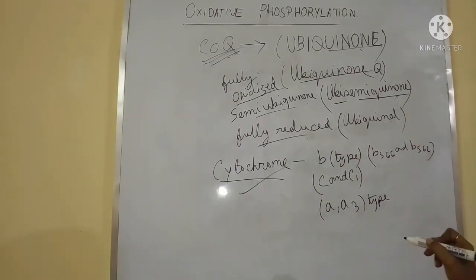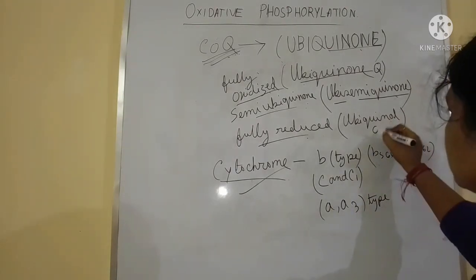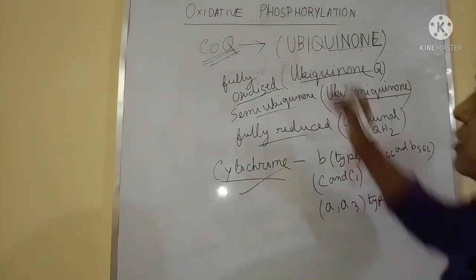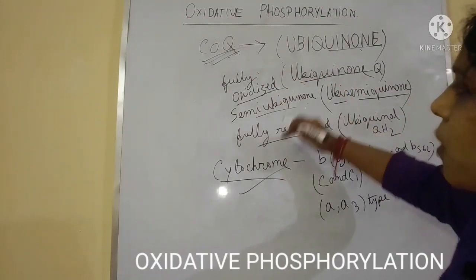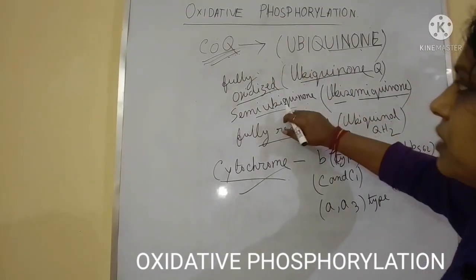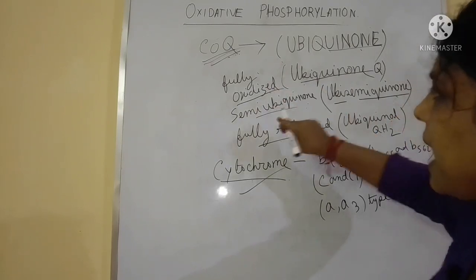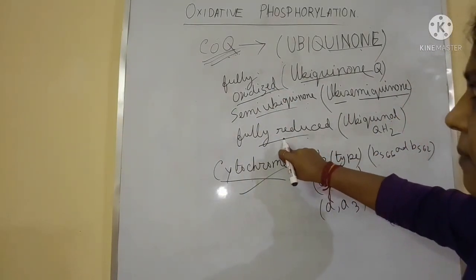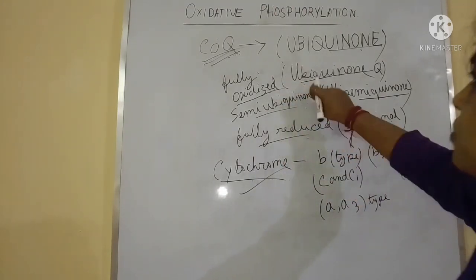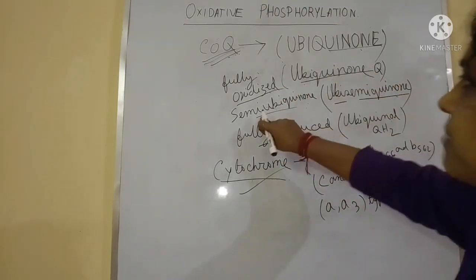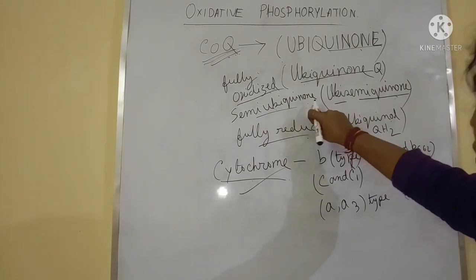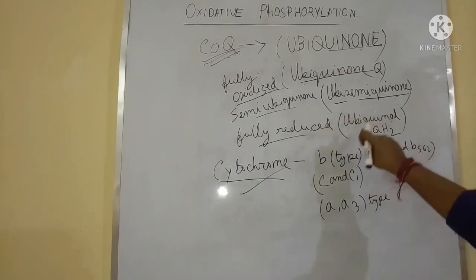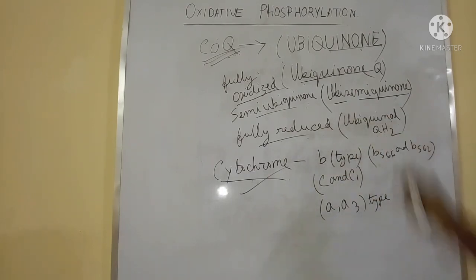Okay, ubiquinol. Its form is known as QH2. So three forms are there of ubiquinone. One is the fully oxidized form, another is the semi-ubiquinol form, and the last one is the fully reduced form. The fully oxidized form is known as ubiquinone Q, the semiquinone form as ubisemiquinone, and the fully reduced form as ubiquinol, that means QH2.